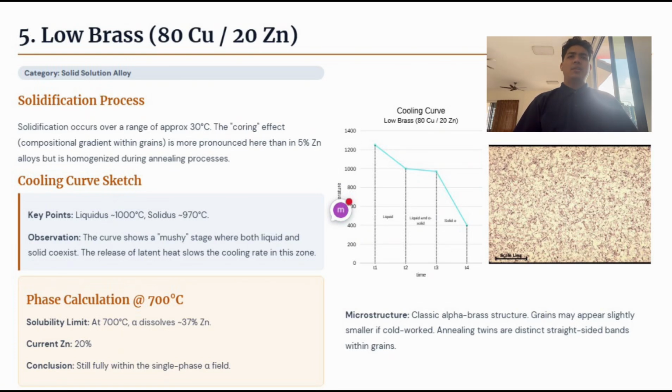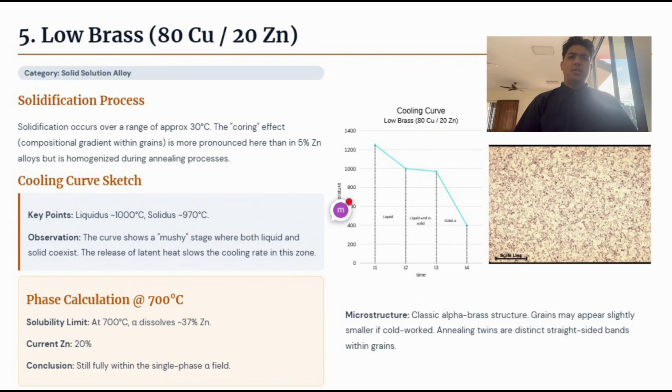At 700 degrees Celsius, the solubility of zinc in the alpha phase is about 37%, which is much higher than the 20% zinc in the alloy. Therefore, low brass remains fully within the single-phase alpha region.